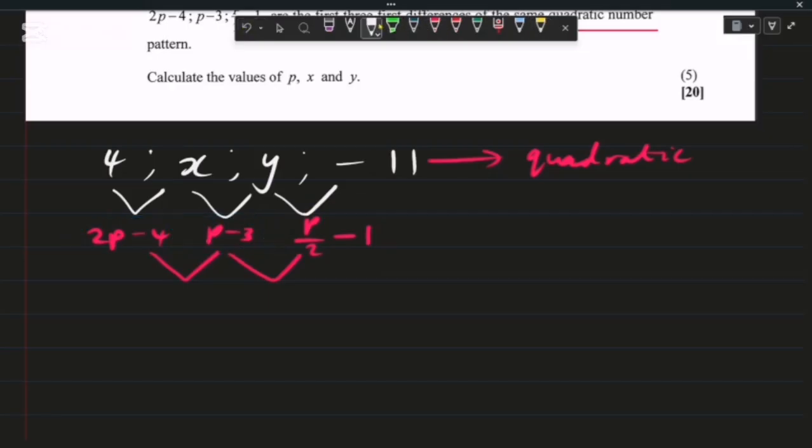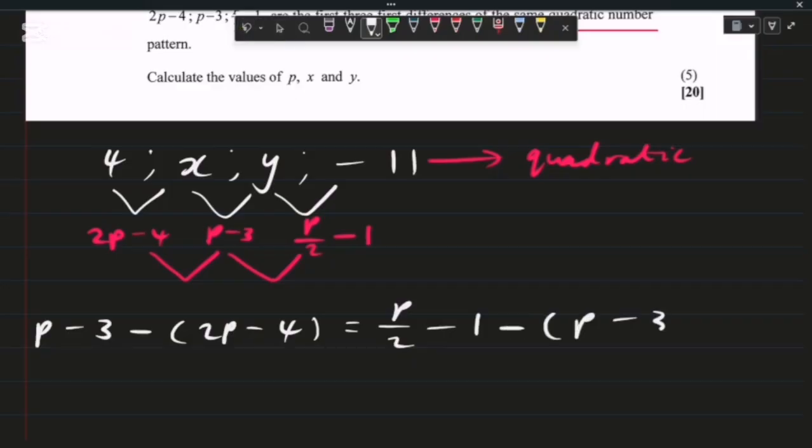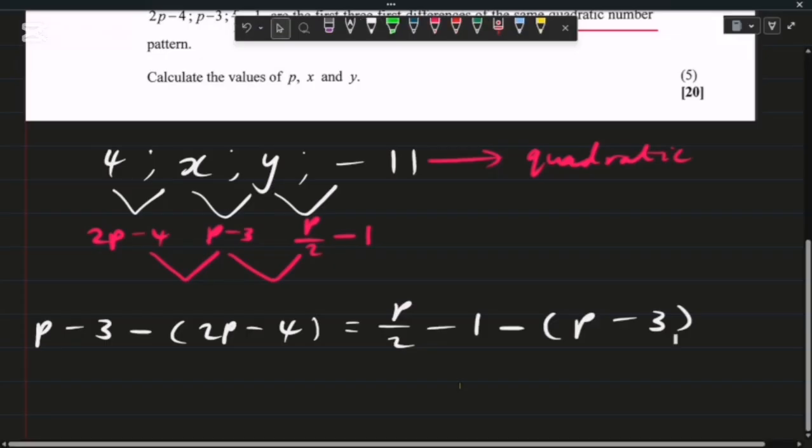So I'm saying that p minus 3 minus 2p minus 4 is equal to p over 2 minus 1 minus p minus 3. There's nothing fancy that I've done.